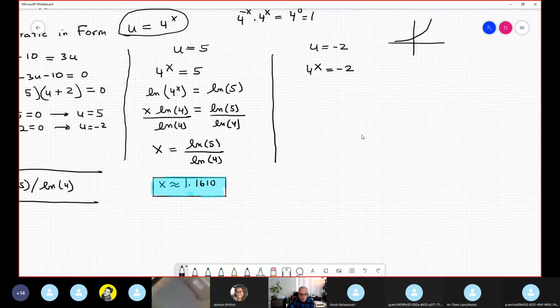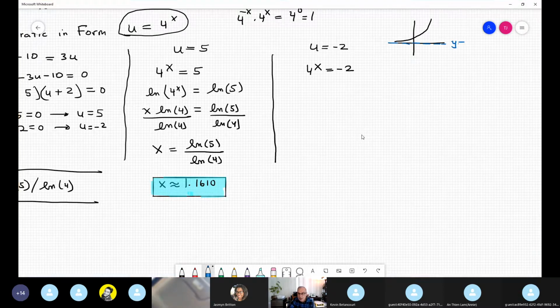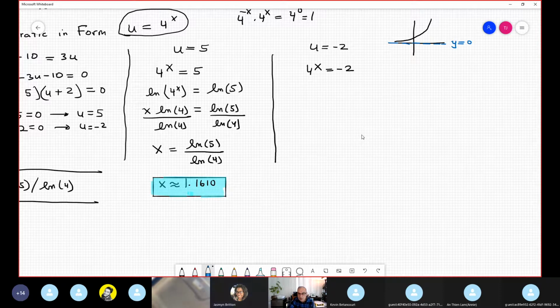The exponential function has the horizontal asymptote at y equals 0. So we are investigating whether this exponential function, 4^x, is equal to -2. And -2 represents the horizontal line y equals -2. This is completely wrong.